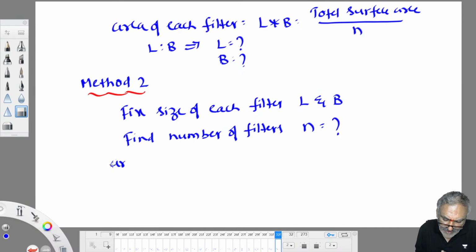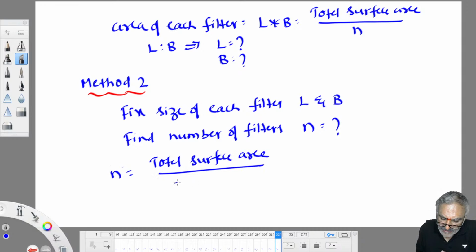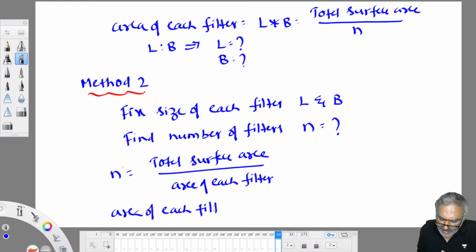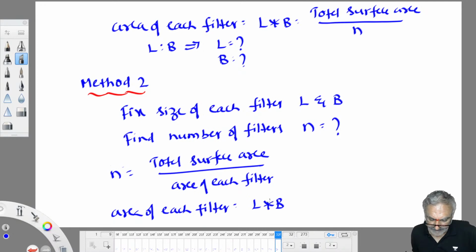So number of filters N is equal to total surface area of slow sand filter required by area of each filter. The area of each filter is L into B. Area of each filter is equal to surface area only, L into B. That's all. We don't have anything to work out.